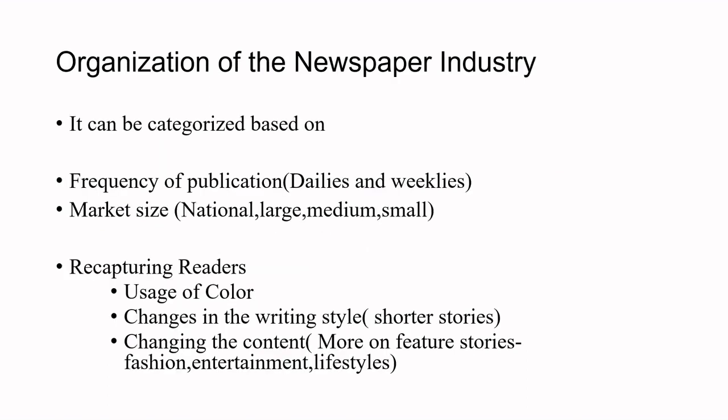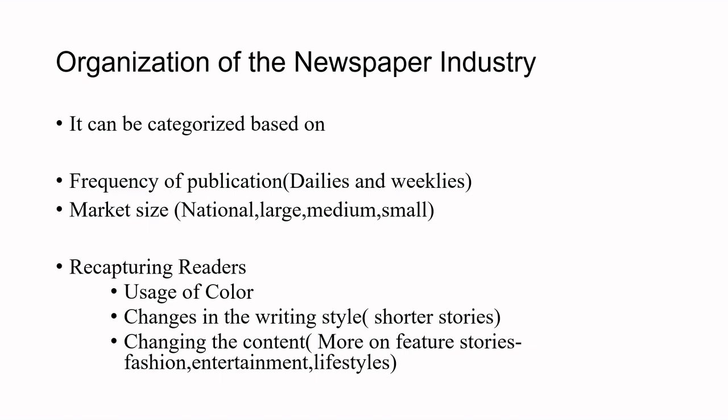As we said, the organization of the newspaper industry, in a traditional way, can be categorized based on the frequency of publication and the market size. But how can they recapture their readers in the online version? That's what we are going to see.